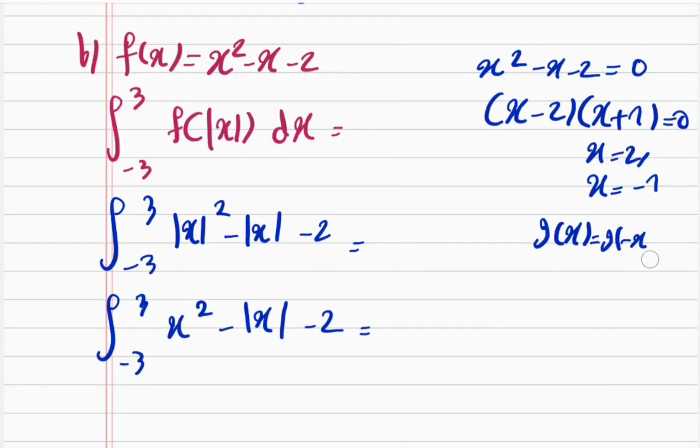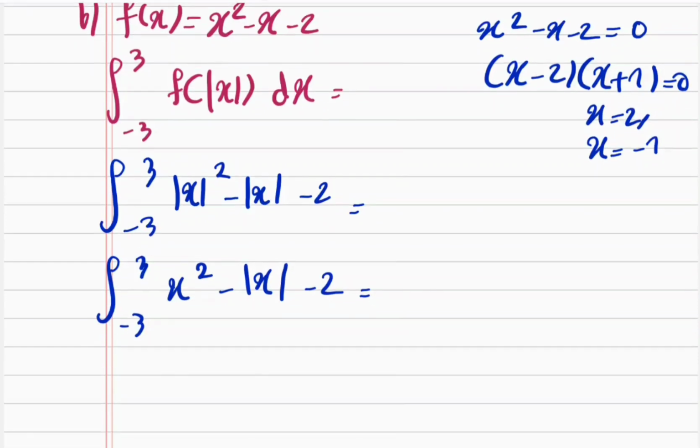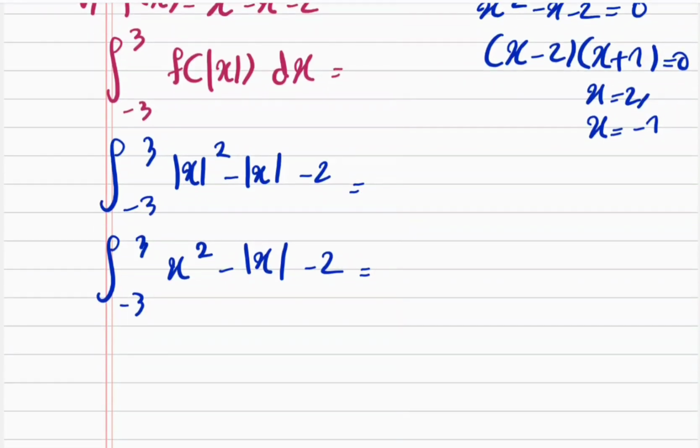Now, the reason that we needed to know that is because there is a very powerful technique for integrating even functions: when we have a bound that is symmetric, because even functions are symmetric. So in this case, when we are integrating this from minus 3 to 3, we can actually just write this as from 0 to positive 3 and then drop the modulus, because here the value of x is going to be positive, so we don't need the modulus.